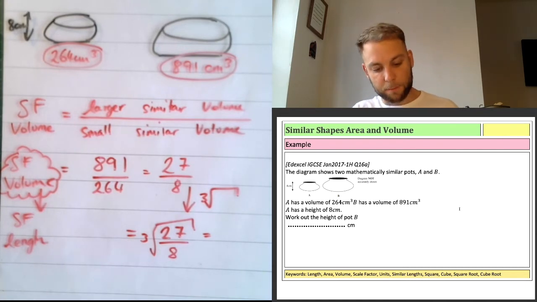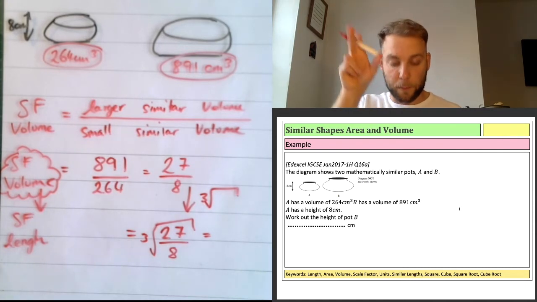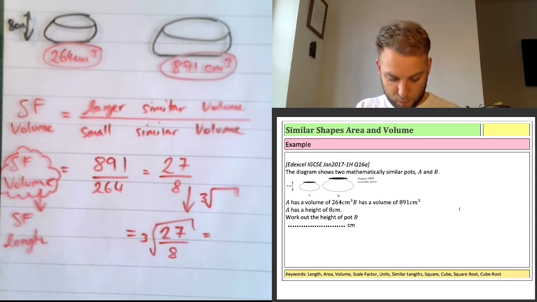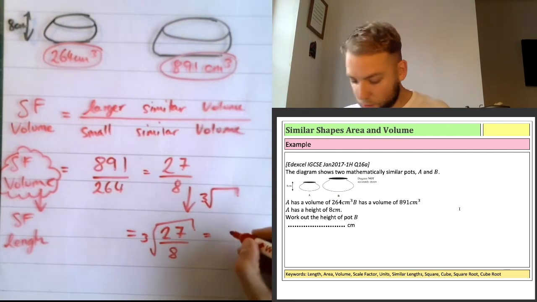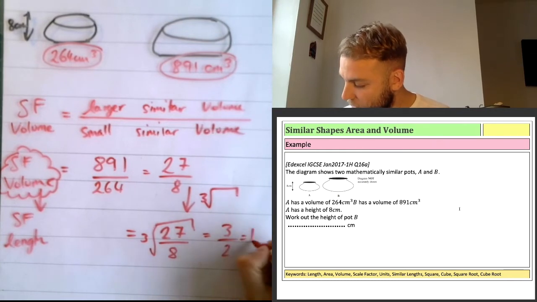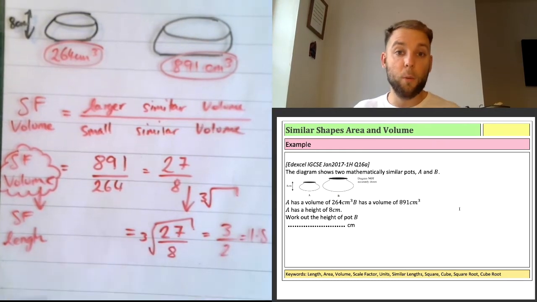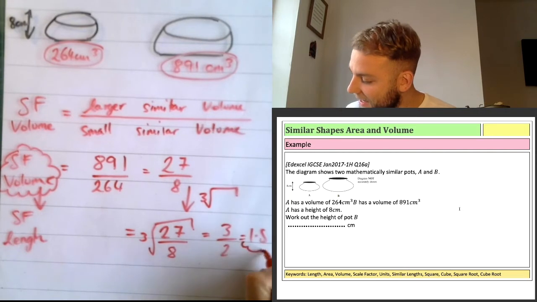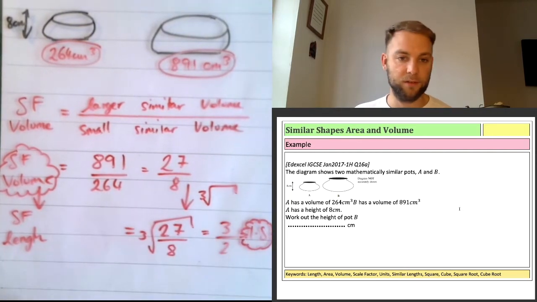If you're not sure where that is, it's just above the x with a box. So the cube root of the fraction 27 over 8 is equal to 3 over 2, which is 1.5. This is my scale factor for my lengths.